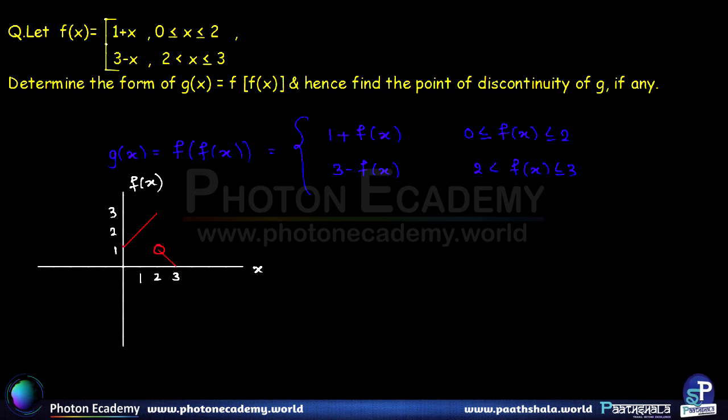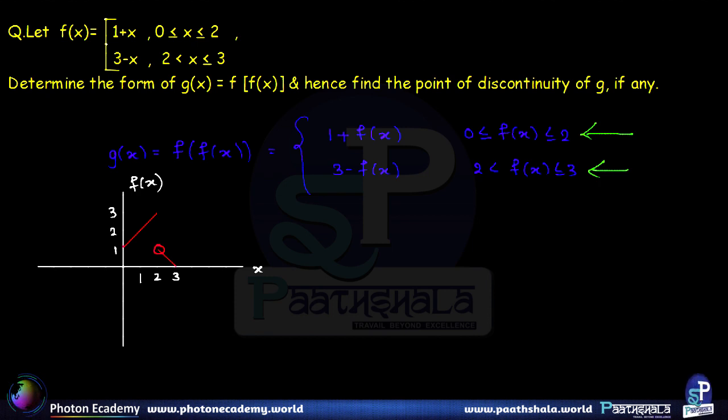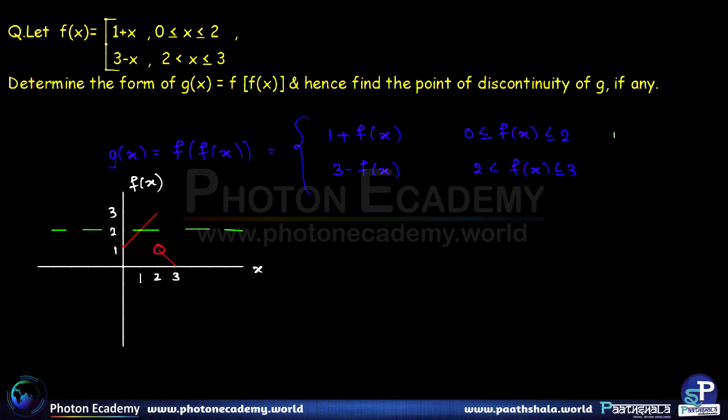So we can clearly see from here and here that the values of f of x are in two intervals. That is between 0 to 2, so it is like this one. Suppose this is the first part, then the first part will correspond to this, and 2 to 3.